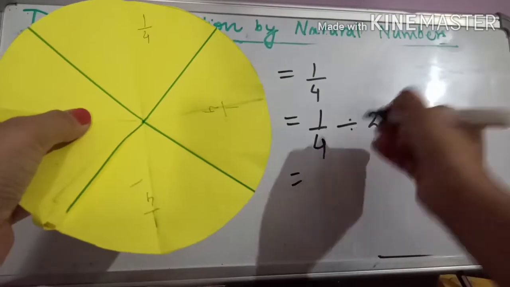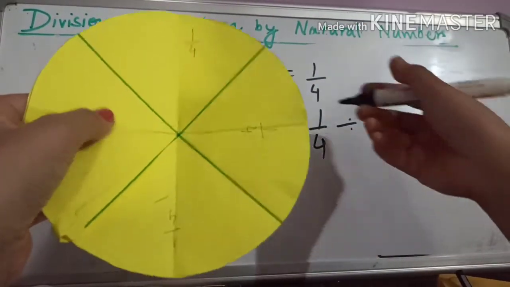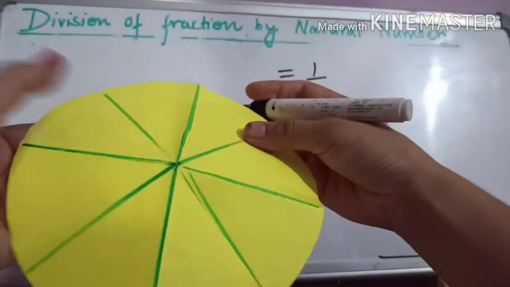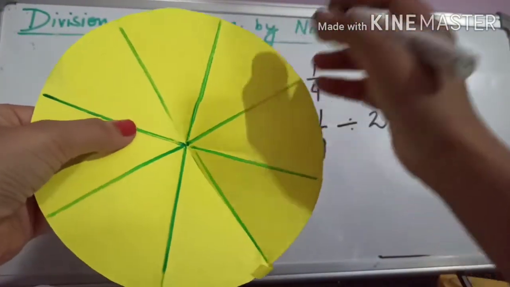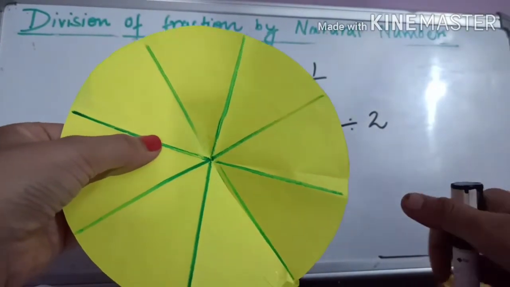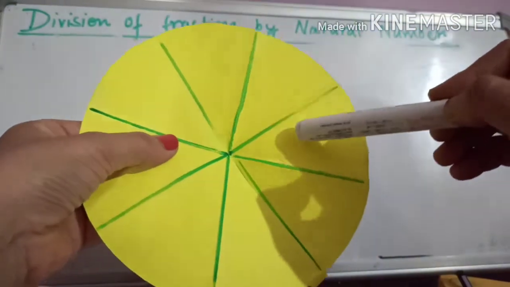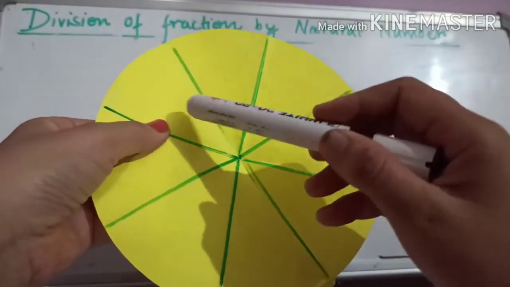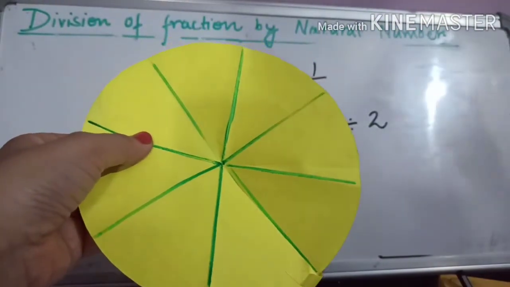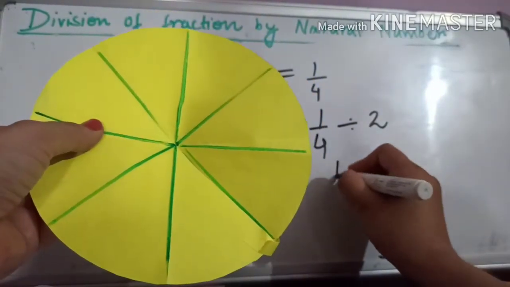Now let's see, if each of the 1/4 parts is further divided into 2 parts, what will be the fraction of each of these parts? For this we have to count the total number of parts. 1, 2, 3, 4, 5, 6, 7 and 8. There are a total of 8 parts. So the fraction of one part will be 1 out of 8.